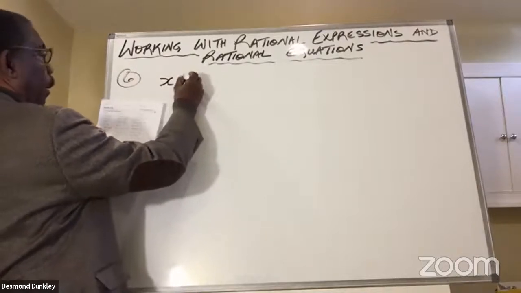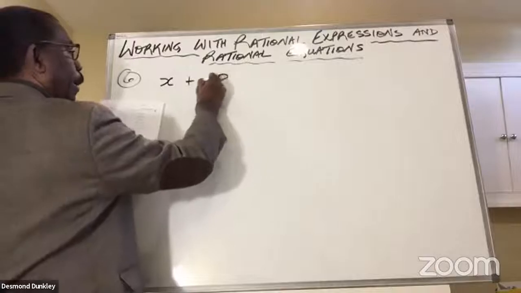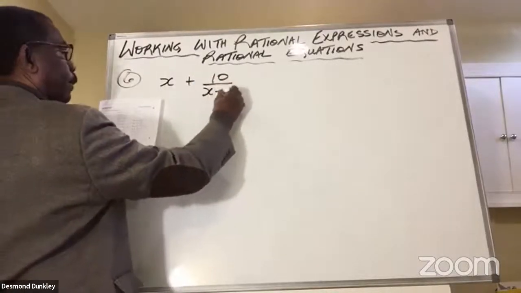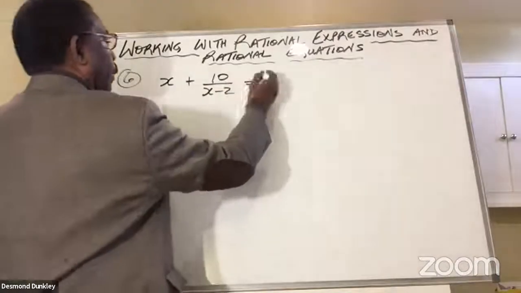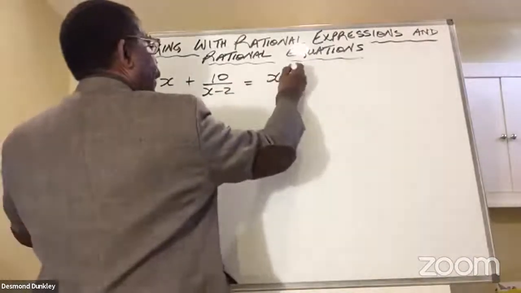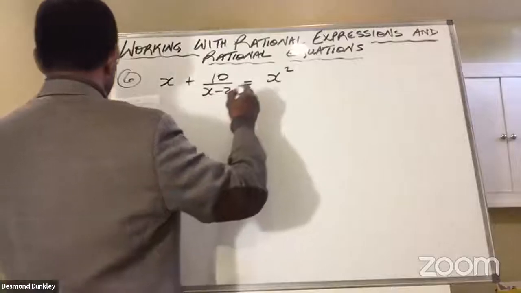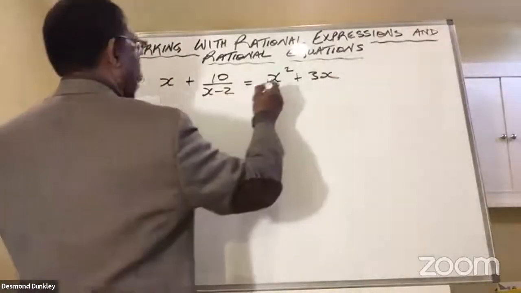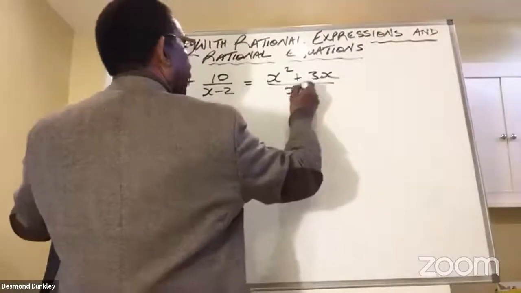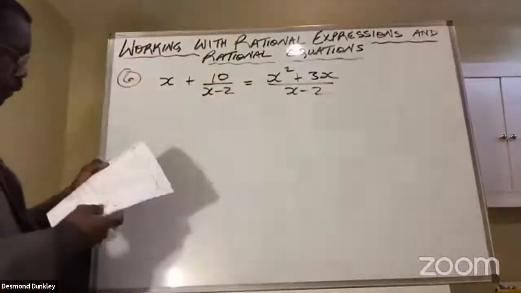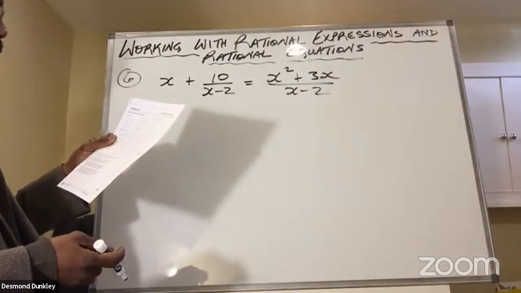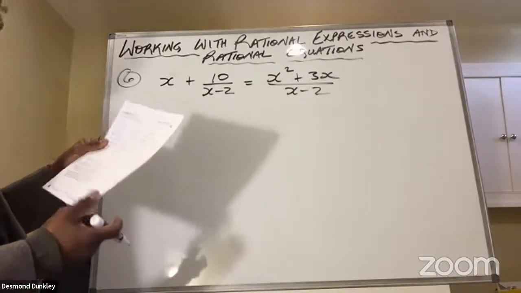x plus 10 over x minus 2 equal to x squared plus 3x over x minus 2.